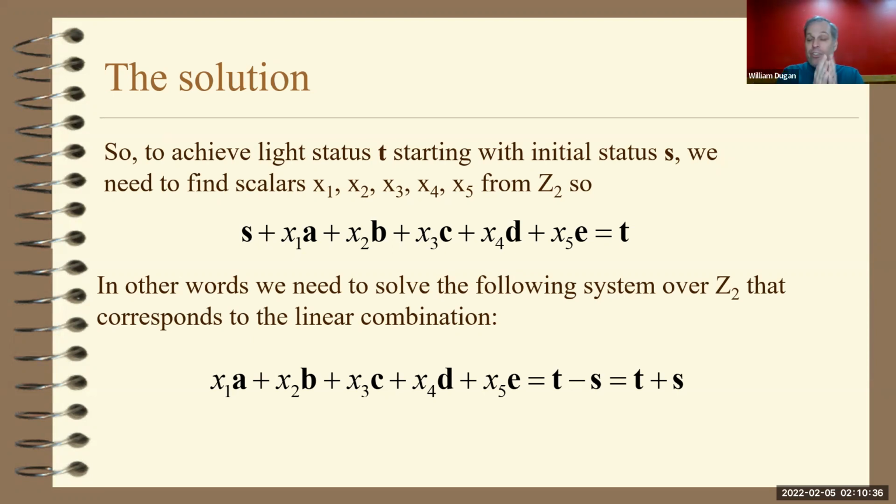So if I just add S on both sides, I get that the linear combination has to equal the final light status plus the initial light status. If I solve that corresponding linear system, that will tell me what buttons to push to go from the initial light status to the final light status.